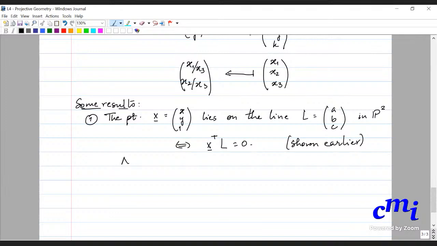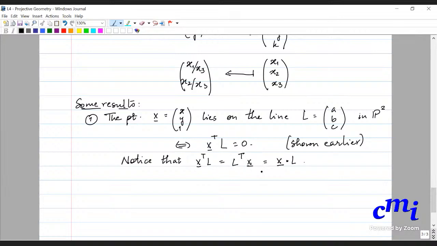Just one thing we need to notice in this respect is that your x transpose L could very well have been written as L transpose x. Either of these means the same thing as the dot product, so you can go from one to the other as you like.